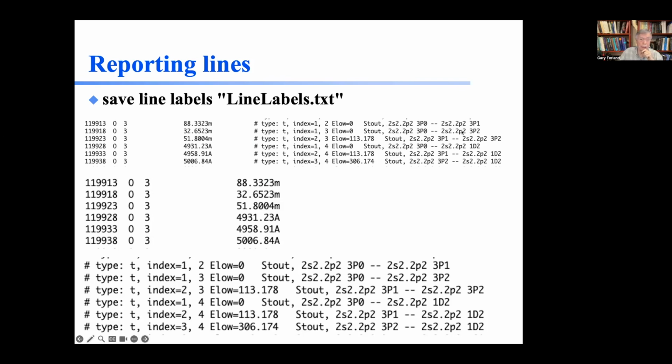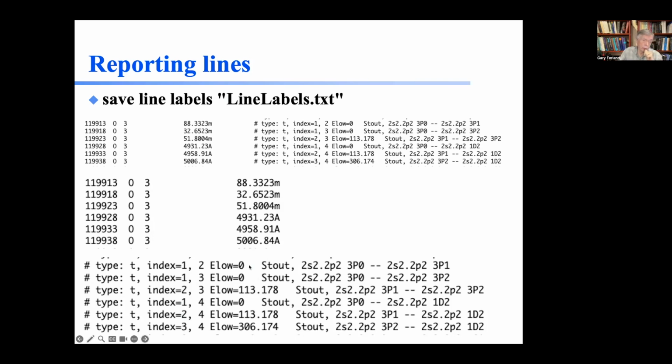The rest of this line, if you look at these line labels, tells you where the line came from. In this case, the hash mark means that the rest of it is a comment. This index is the level index in the stack of states that Cloudy uses to figure out a spectrum. So index equals 1, index equals 3 would be the first state or the third state in that stack of states.